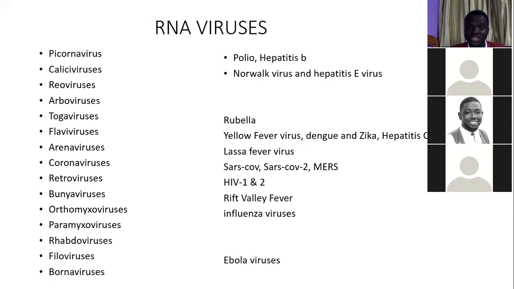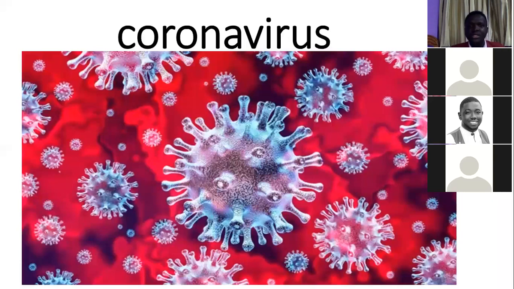In fact, most of these pathogenic viruses are mostly RNA. So you start from here, you end here, which includes the almighty coronavirus, the one that is battling humans now. The important members are the SARS-CoV, the SARS-CoV-2, and then the MERS. These are all of the coronavirus.